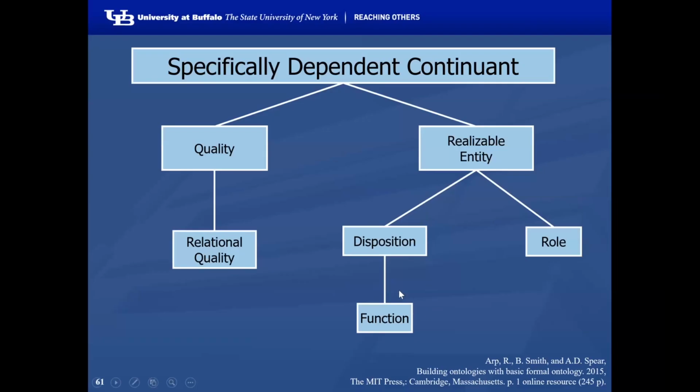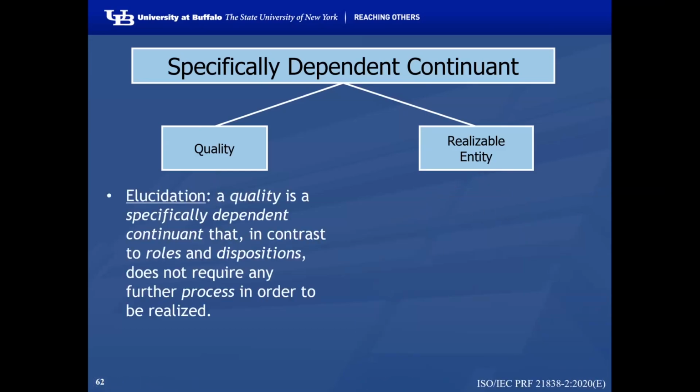Specifically dependent continuants include qualities and realizable entities. A quality of a special type is a relational quality. For the realizable entities, we have dispositions, among them functions, and we have roles. What are the differences?